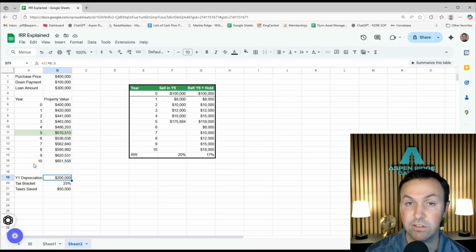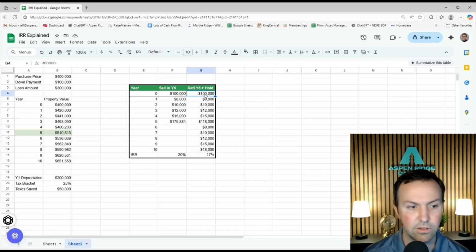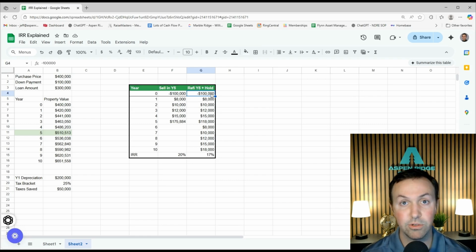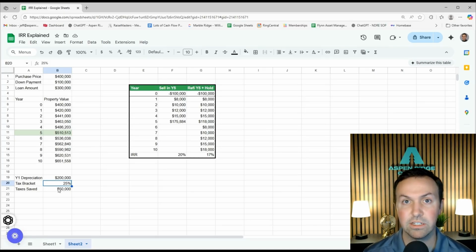Now, if you're a real estate professional in the IRS's definition of that, you can offset your income with that, right? Otherwise, you can only offset your passive income. But let's say we do that. In this scenario where we refinance, we're going to take a $200,000 depreciation loss, which means if we offset $200,000 worth of income, and we're in the 25% tax bracket, that's an actual savings of $50,000 cash, like cash you actually keep in the first year.